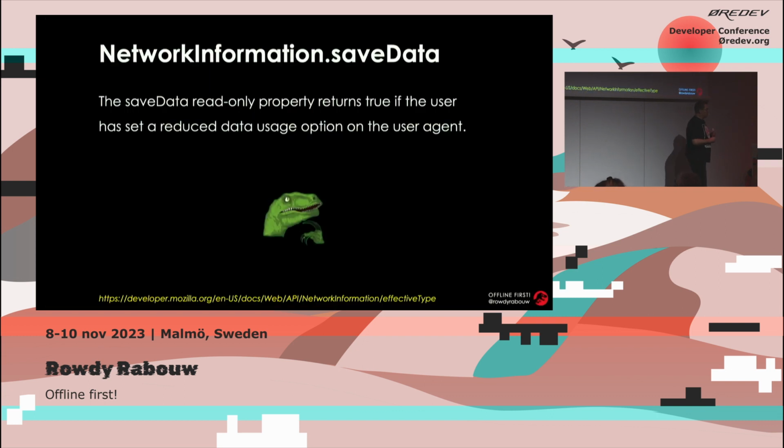Another one that's really something you need to consider is whether a user has turned on the save data switch in their mobile device. Because that means there might be, for instance, here in Sweden, but not in the EU, so they have to buy a data package. I'm from the Netherlands. I can use my data package here in Sweden, no problem.